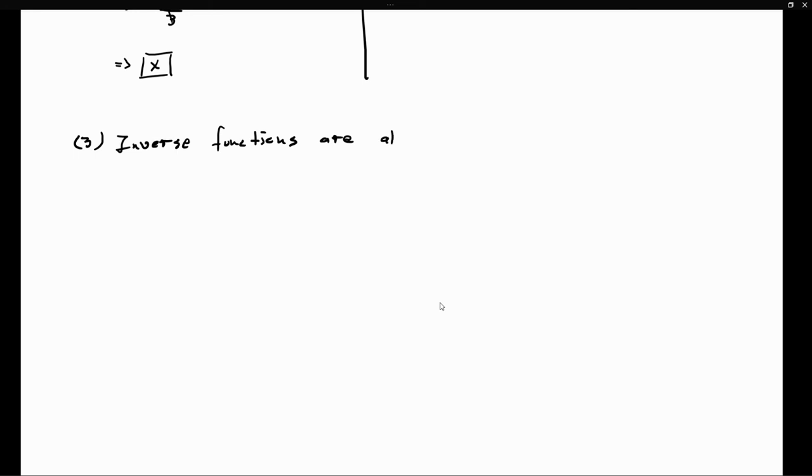inverse functions are always reflected over the line y equals x. So what am I trying to say here?